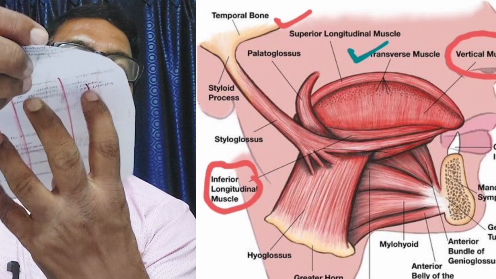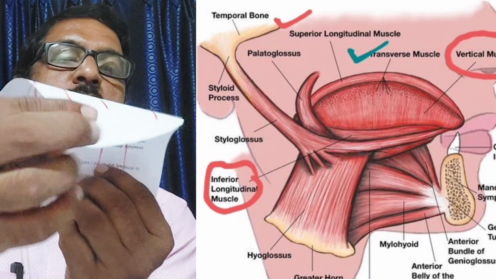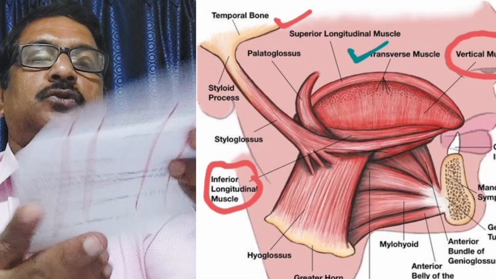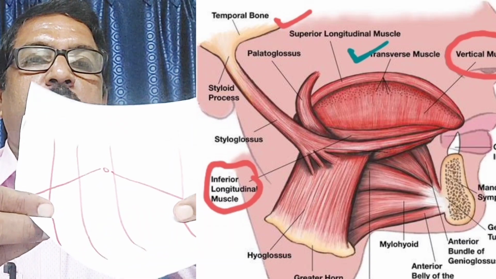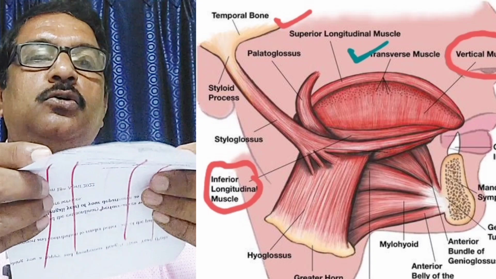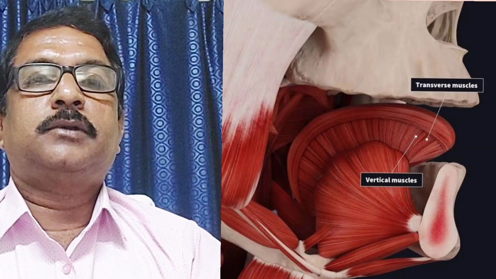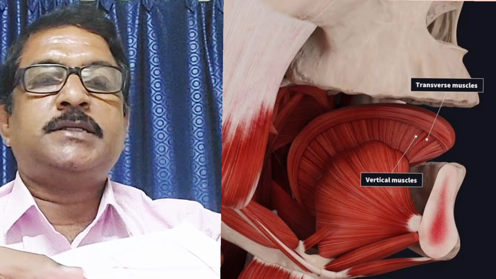If these muscles contract, the dorsal surface will be convex. So for the superior longitudinal muscle, the tongue will be concave, and for inferior longitudinal muscles, the tongue will be convex on the upper side.